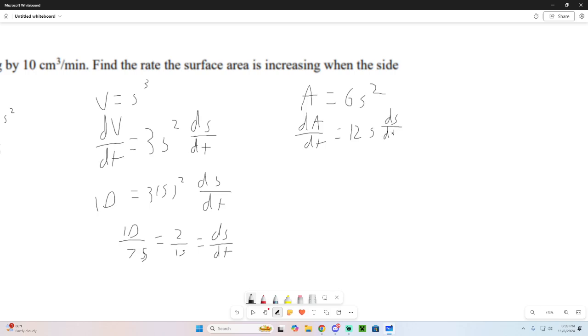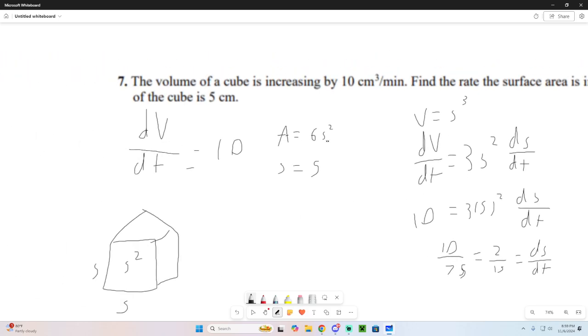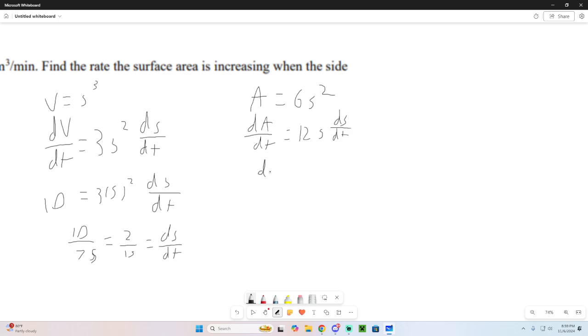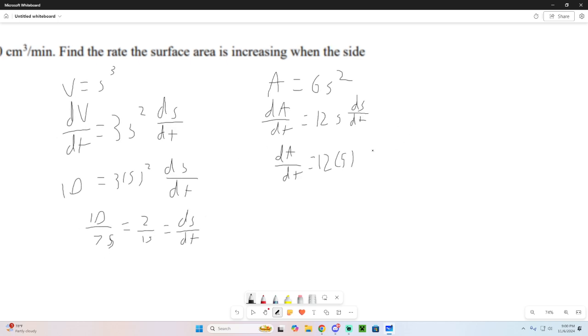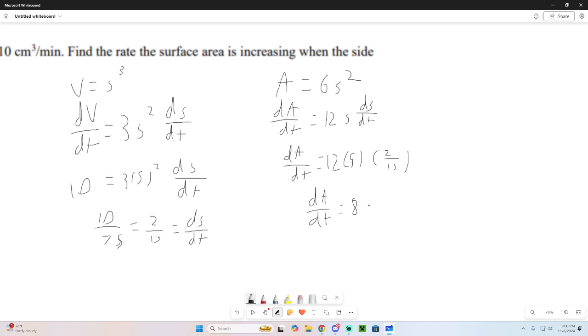Now we actually know what ds/dt is, and we know what our side length is, so I'm just going to plug all that in. dA/dt equals 12 times 5, and then ds/dt is 2/15. So 12 times 5 is 60, 60 over 15 is 4, 4 times 2 is 8. So dA/dt equals 8, and this is area this time, so that's 2 dimensions, so it's going to be centimeters squared per minute as our final answer.